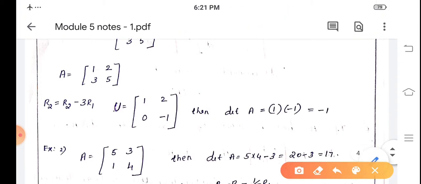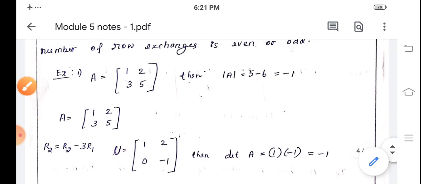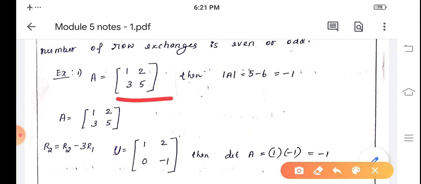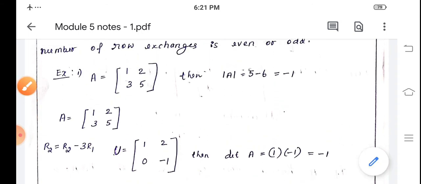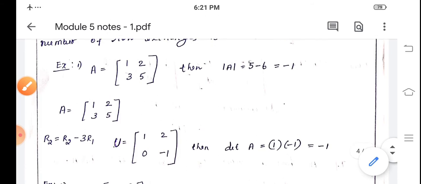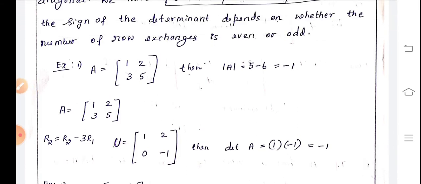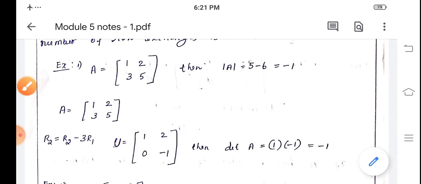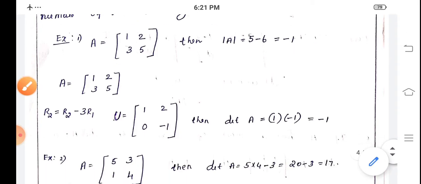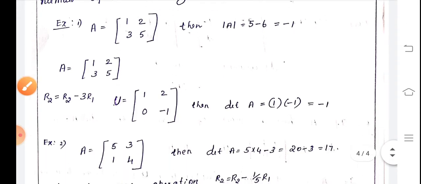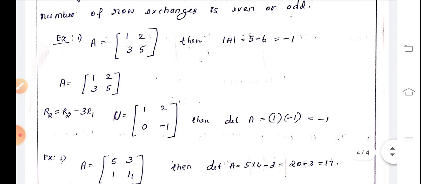For example, take matrix A equal to first row 1, 2, second row 3, 5. Here we can write the determinant A as 1 into 5 minus 3 into 2. That is, determinant is 5 minus 6 equals minus 1. Now let us find the determinant by using elementary row operations.